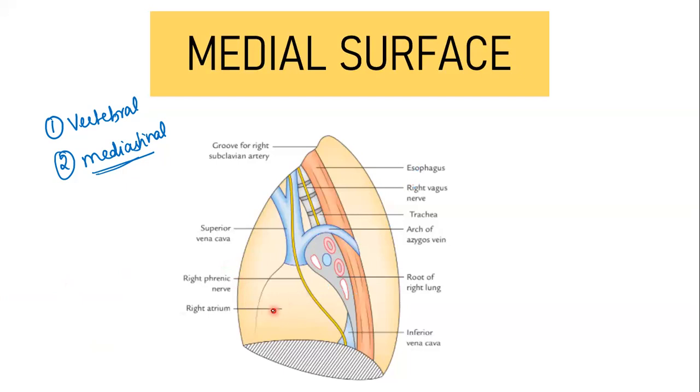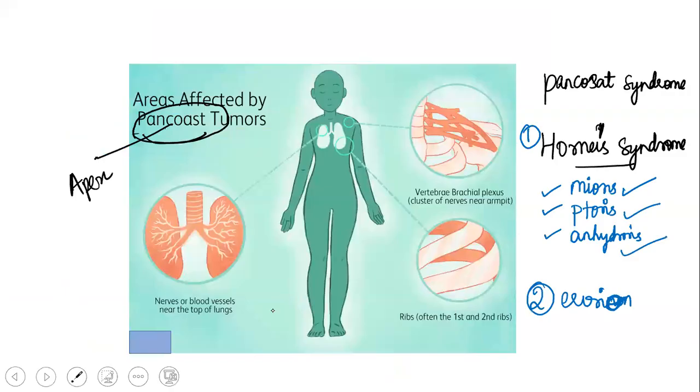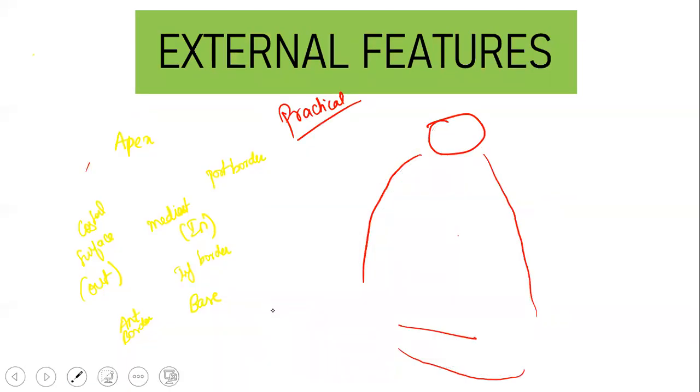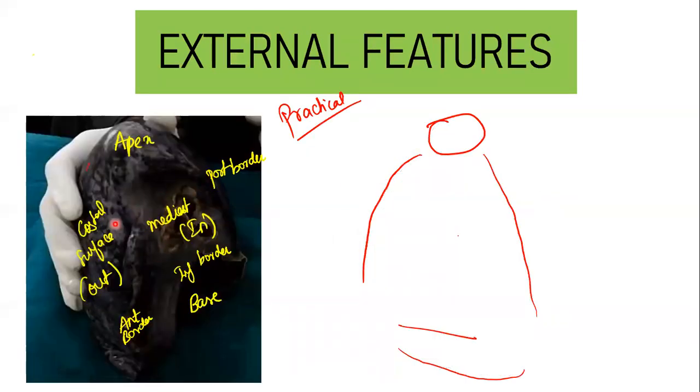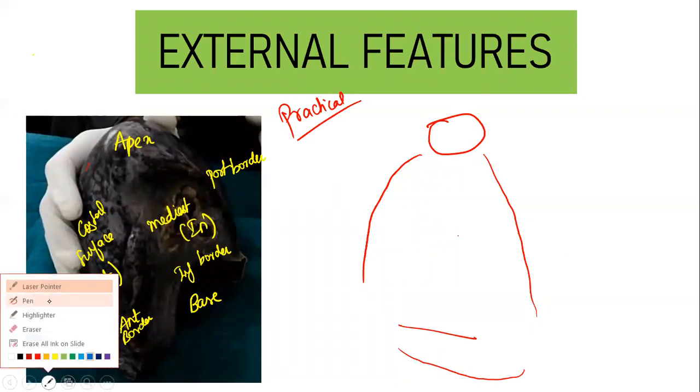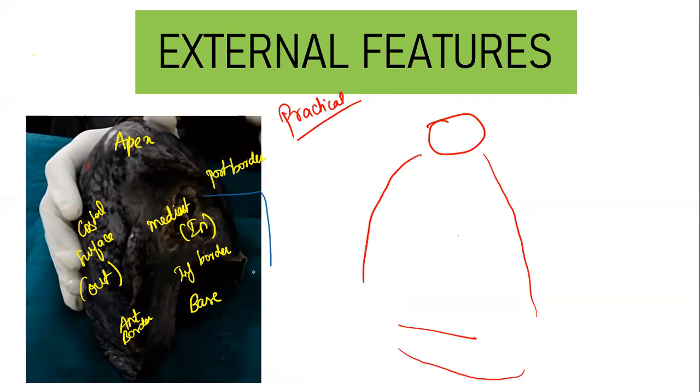As I told you, if you look at the first CT picture here, this is the lung, and here you will have lots of structures related to it. Here I'll have the mediastinum, with the heart and its vessels, and the esophagus and trachea, all passing in the mediastinum.